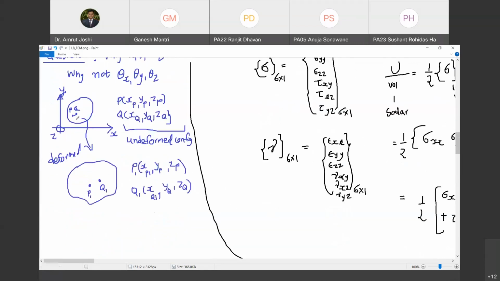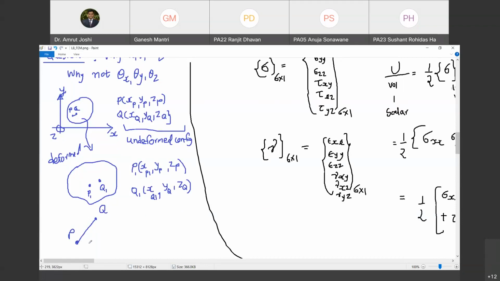Now I am going to show the undeformed configuration of P and Q and the deformed configuration of P and Q separately, in the same coordinate system. This is point P, this is point Q. Their Y and Z coordinates remain the same, so these points do not move in the Y or Z direction, but the X coordinate is changing.